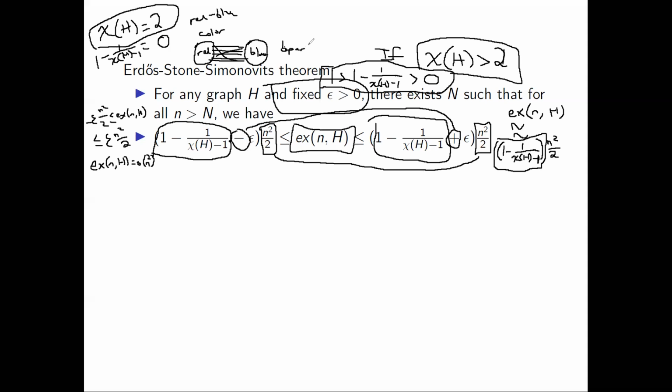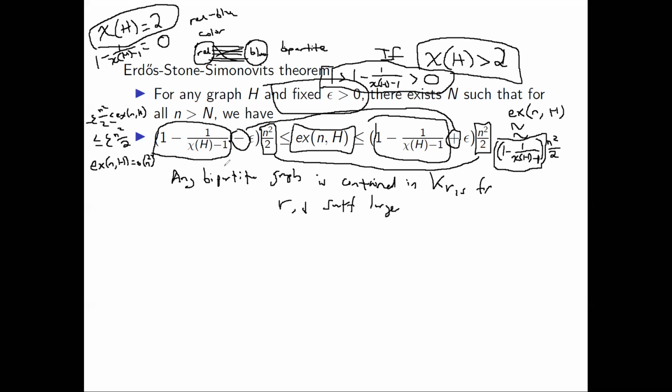So any graph that has chromatic number 2 or chromatic number 1, you can draw it as a bipartite graph. It is a bipartite graph. And we know any bipartite graph is contained in K_{r,s} for r, s sufficiently large.